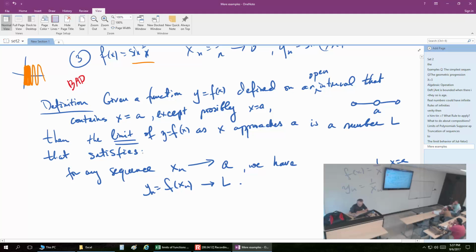So now imagine that xn goes to 0, and what I was saying is a is equal to 0. Okay, so as an example, f of x is 1 over x, yn is equal to 1 over xn. Okay, and then we know that xn is supposed to converge to 0. Then what do you say about yn?